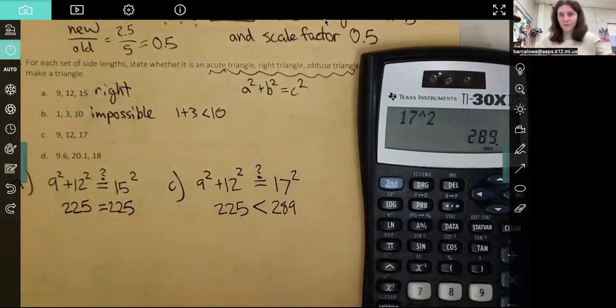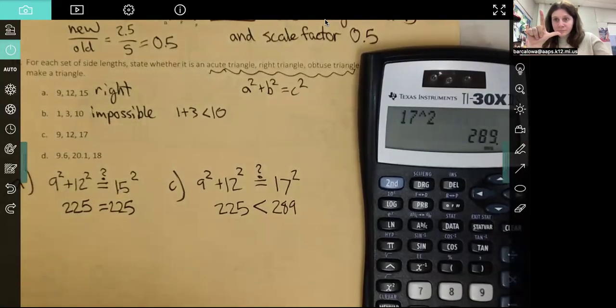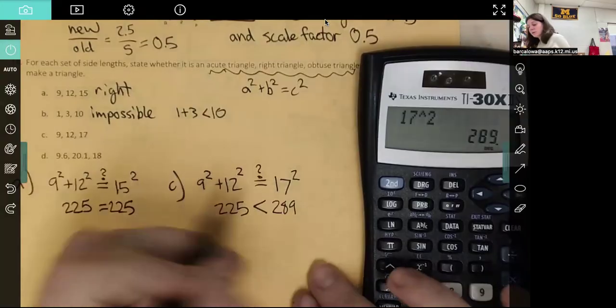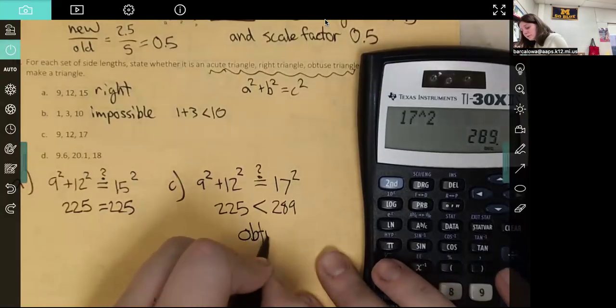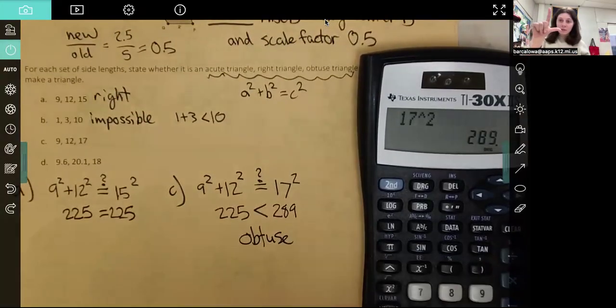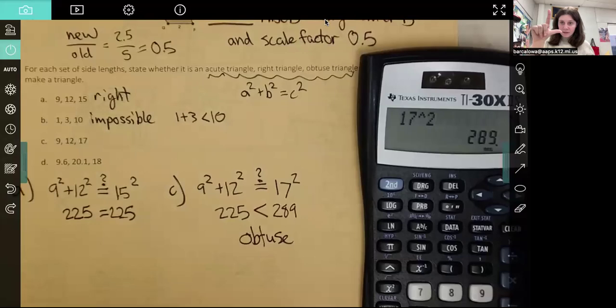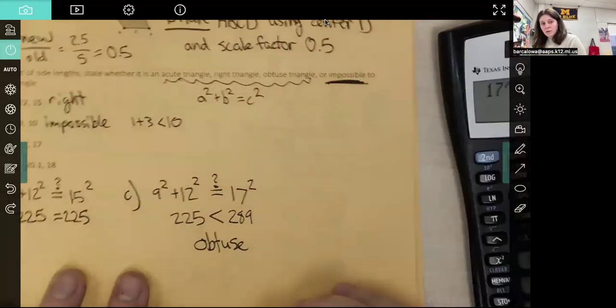So here, look at me for a second. If I have a perfect right angle, that means that this is perfectly equal. If that C is too long, what happens to my angle? It becomes obtuse. This is obtuse. Okay, if they were perfectly equal, I would have a right triangle, but C is too long. It's an obtuse angle.